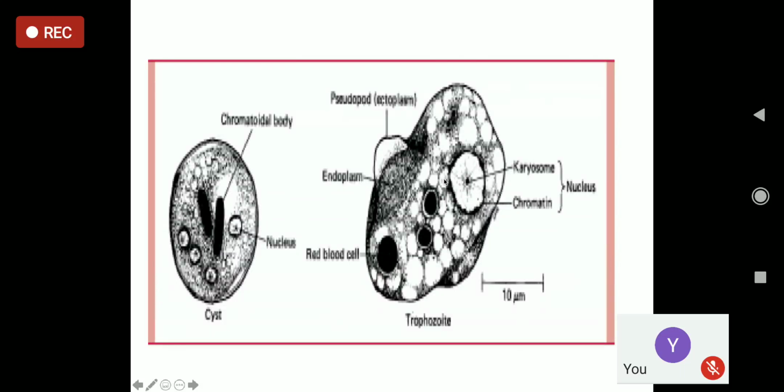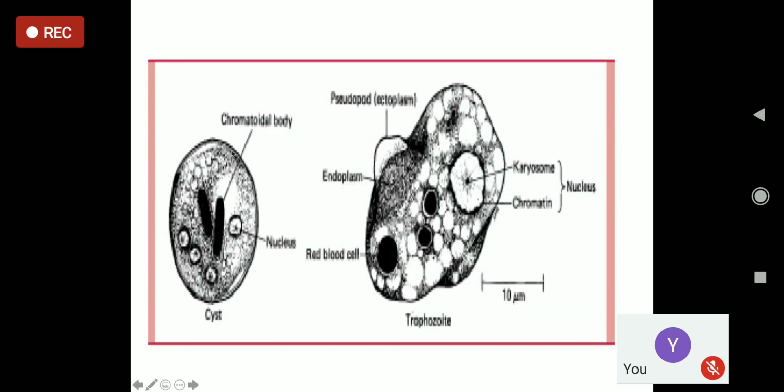They have a typical jerky movement with the help of this pseudopod-like structure, which is the diagnostic stage during microscopy also. And another is the cyst phase, which is the infective stage also, and this cyst phase can be demonstrated in the stool of the infected persons.